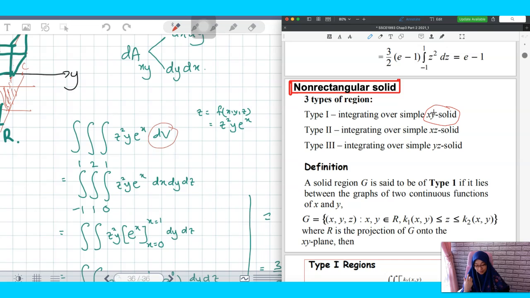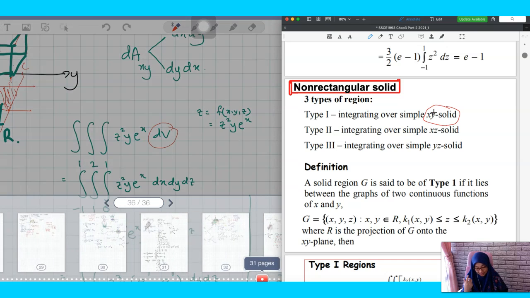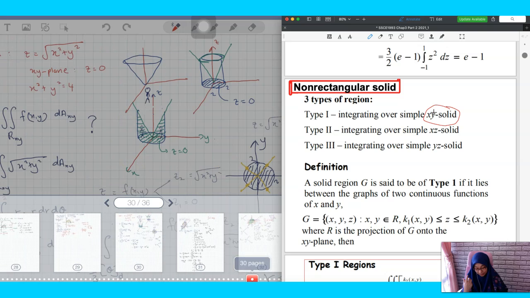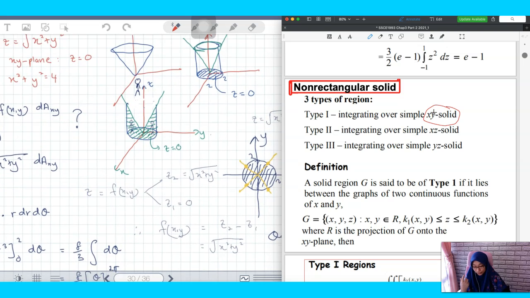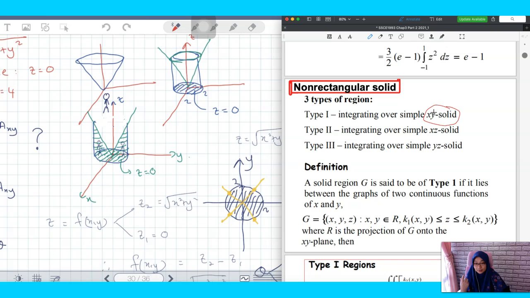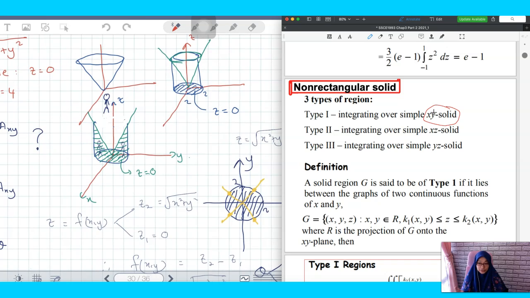I'm not sure whether the sketching is still here or not. If you refer to your previous notes, you have this sketching.